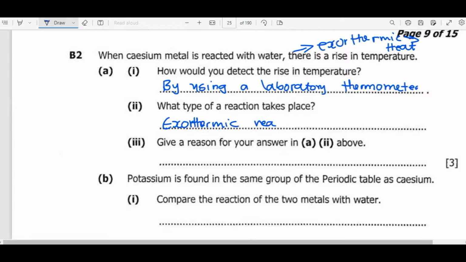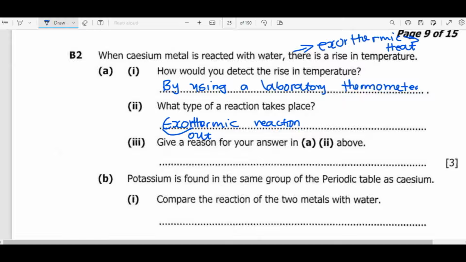So remember, exo means out. Then thermic comes from the word thermo. It has to do with heat energy. So heat is given out. That is an exothermic reaction. Then Roman number 3, give a reason for your answer in A2 above.